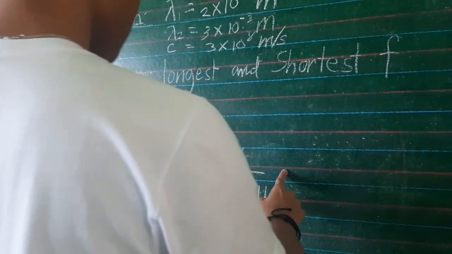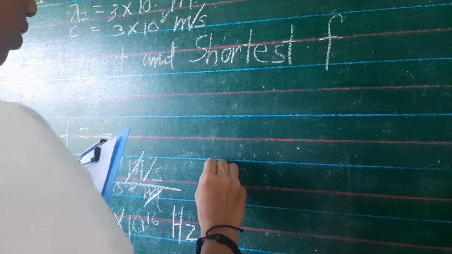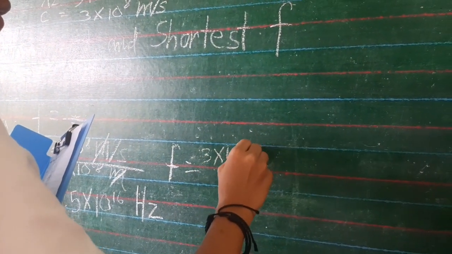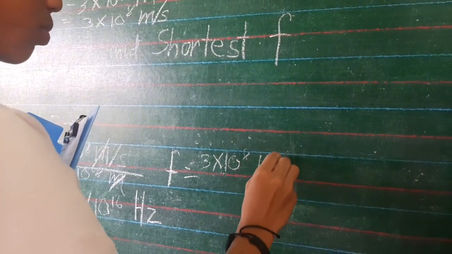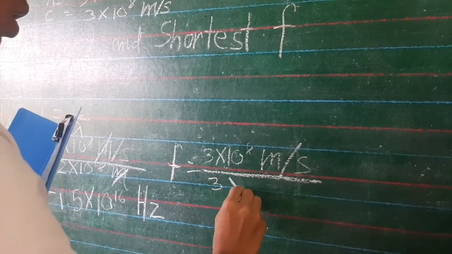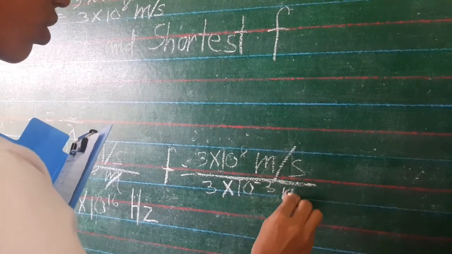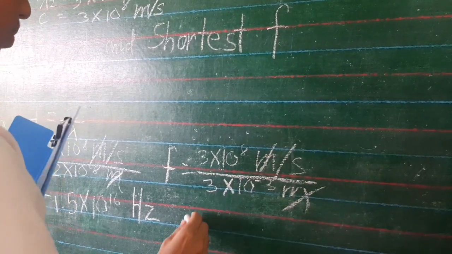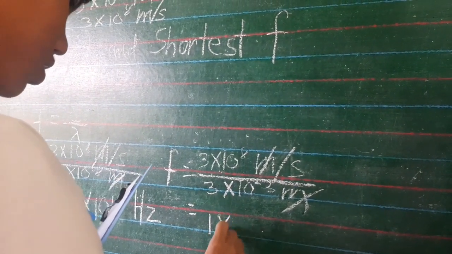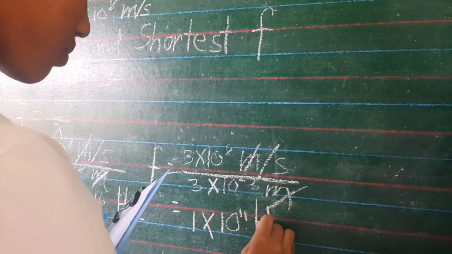Now, we move on to calculate the second wavelength. So, F equals 3 times 10 raised to 8 meters per second divided by 3 times 10 raised to negative 3 meters. Cancel again. And the quotient will be 1 times 10 raised to 11 hertz.